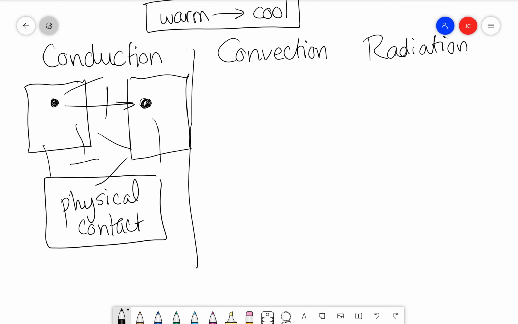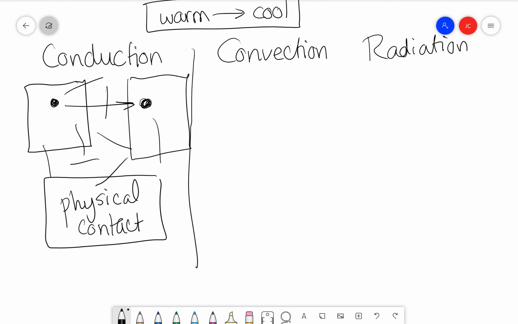Convection operates with liquids, gases, and other fluids. When a fluid is heated and then travels away, it carries the thermal energy with it, and you get this thing called a convection current. Because, and you may have heard this before, hot air, and this also applies within liquids, rises.